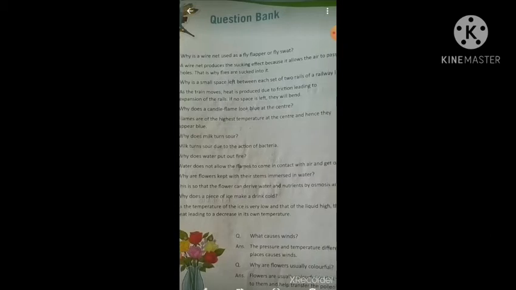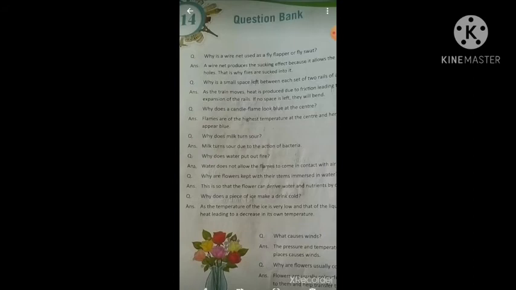First one, why is a wire net used as a fly flapper or fly swat? You know what is a wire net and why that is used as a fly flapper or fly swat. Let's see the answer. A wire net produces the sucking effect because it allows the air to pass through its holes. That's why flies are sucked into it.